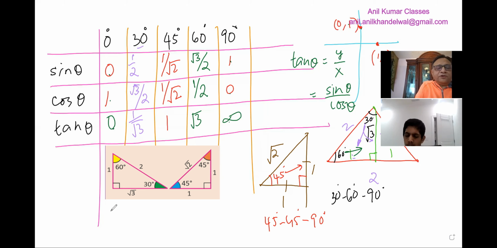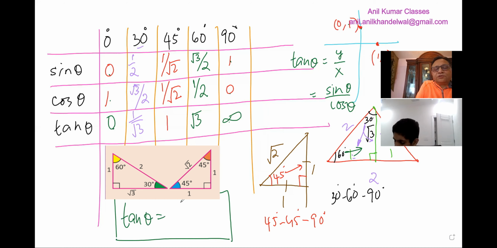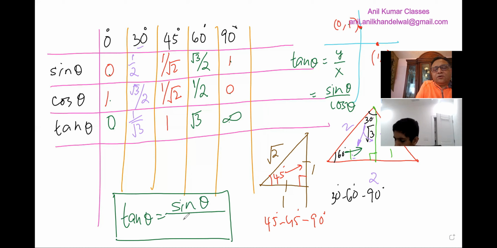So we have learned one more rule, which is an identity, and that is that tan theta equals sine theta over cosine theta. Is that clear to you?